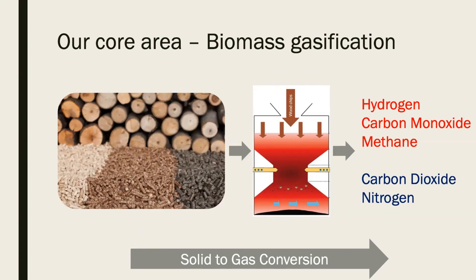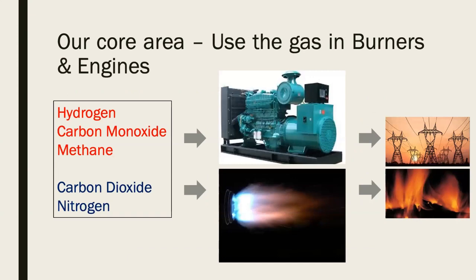And what do we do with these gases? We use these gases for generating electricity through the internal combustion engine route. The other way of looking at it is we can directly burn these gases to generate heat.